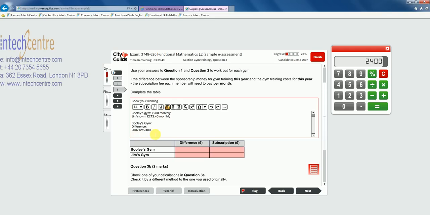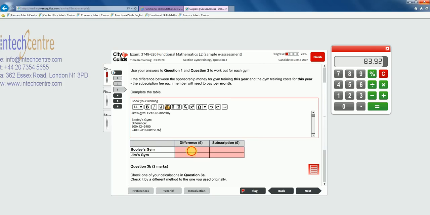The annual amount for the gym is 2,400. So we're going to take this away from our original sponsorship money. That was 231608. So 231608 take away 2,400 gives us 83.92.